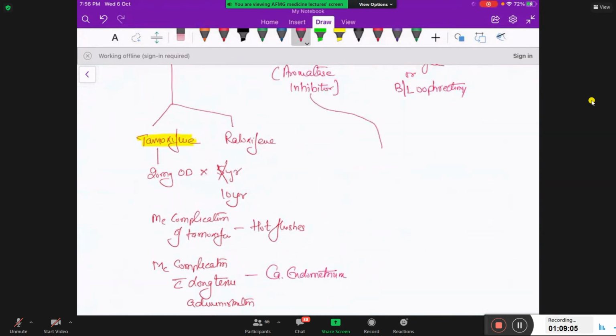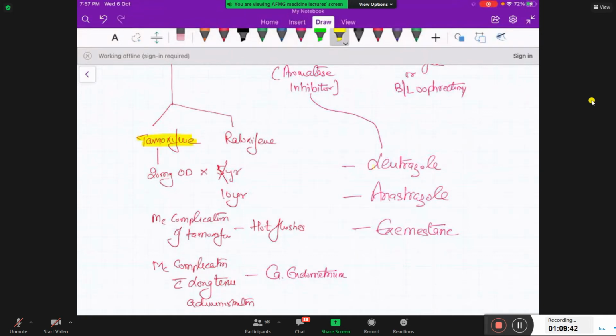Now, aromatase inhibitors include letrozole, anastrozole, and exemestane. Aromatase inhibitors include letrozole, anastrozole, and exemestane.